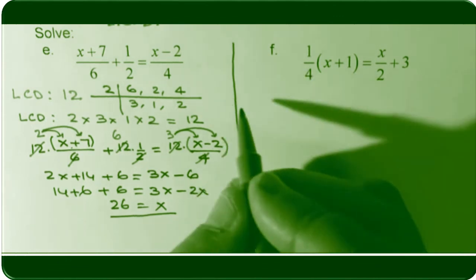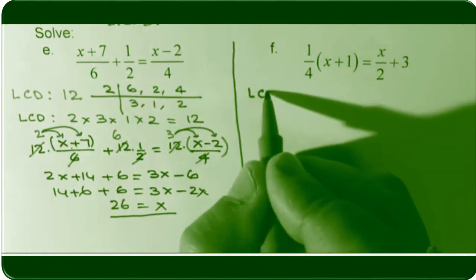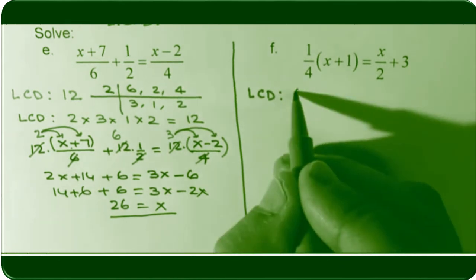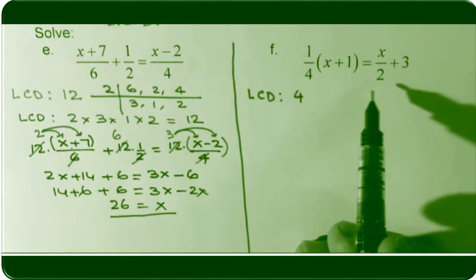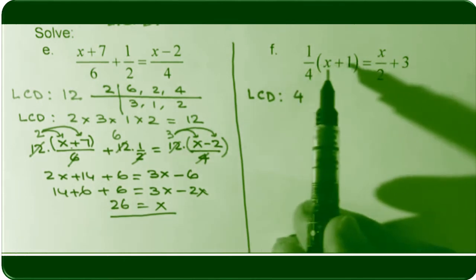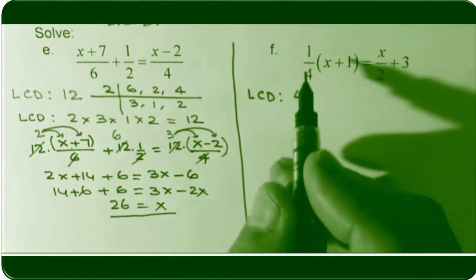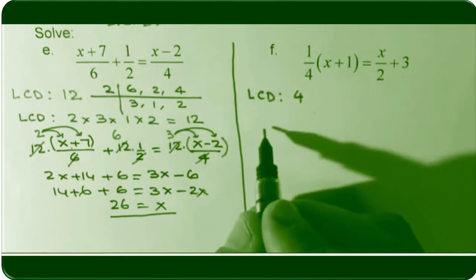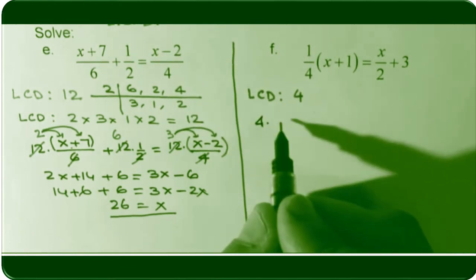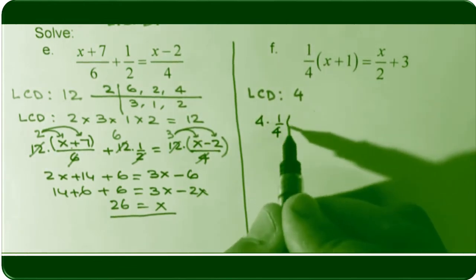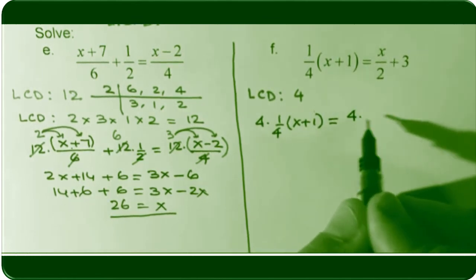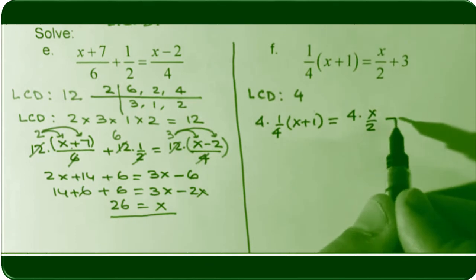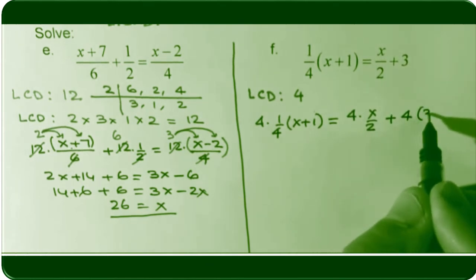So here, what is the lowest common denominator of 4 and 2? It is 4, right? Since 4 is a multiple of 2, we will multiply everything by 4. So what do we get? We get 4 times 1 over 4 times (x plus 1) equals 4 times x over 2 plus 4 times 3.